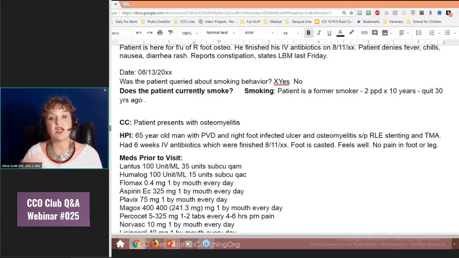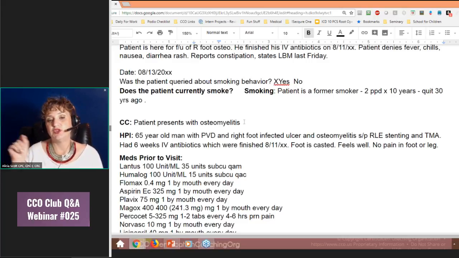And we want to get every chronic condition that we can possibly get from this documentation. And our patient is being seen for osteomyelitis. So now you need to ask yourself, does osteomyelitis risk adjust? Well, we'll look that up here in just a moment.